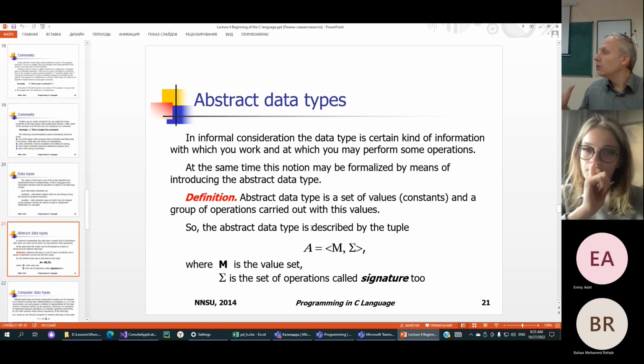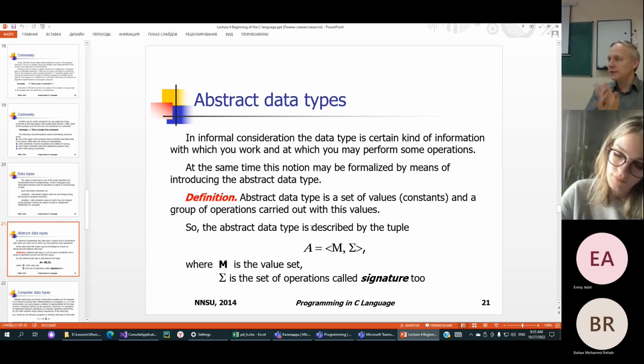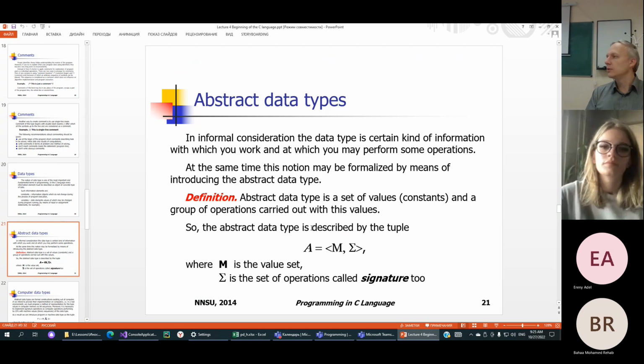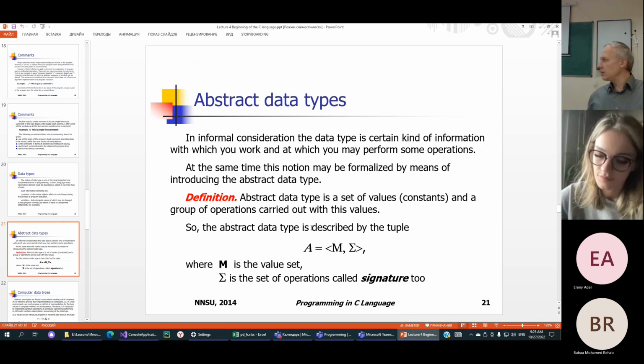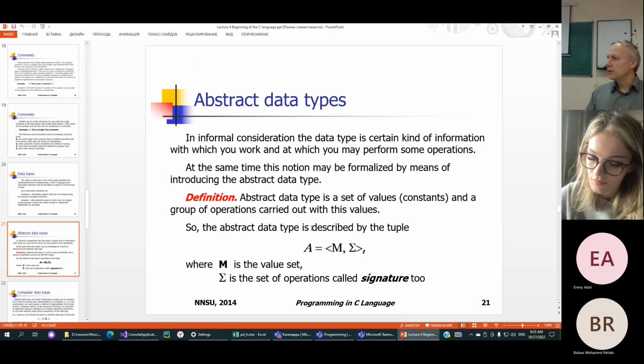But what is data type? How to give a definition of data type? Of course, we say integer number, real number, maybe natural numbers. Let's consider just the numeric types. This question maybe is not related to programming.